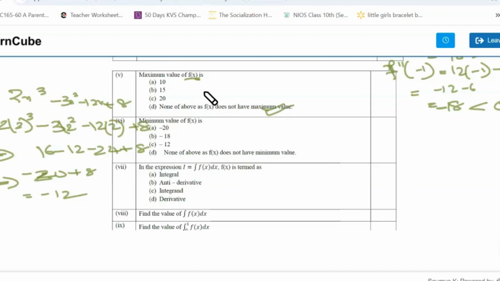For the minimum value, substitute f of minus 1.